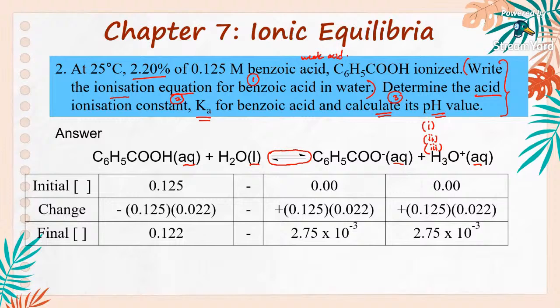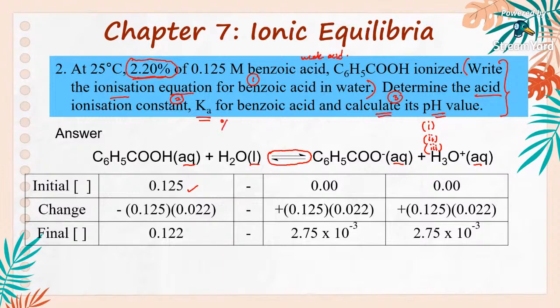So this question can be solved by using the table: initial, change and final. You have the initial concentration of the acid, and then the change. Here the percent ionization is given to you.